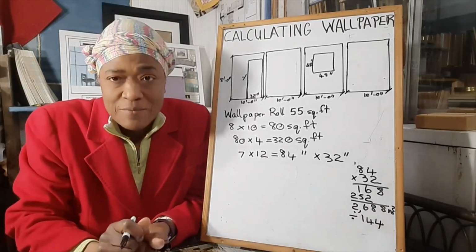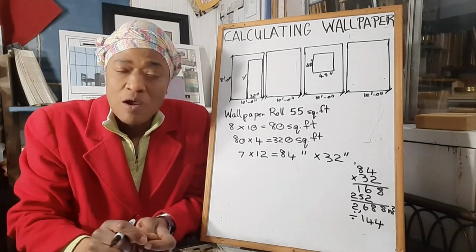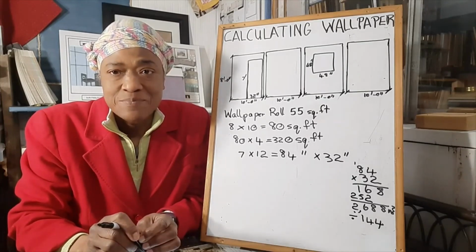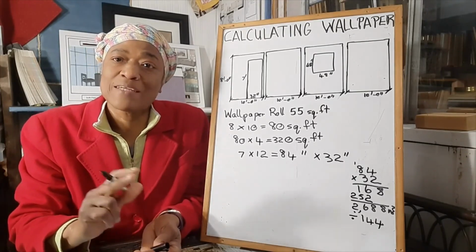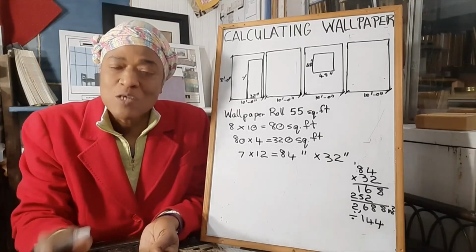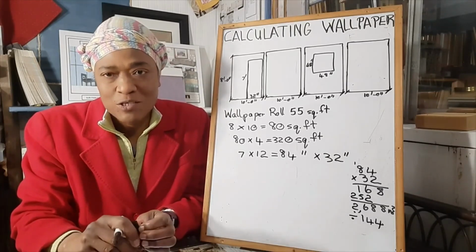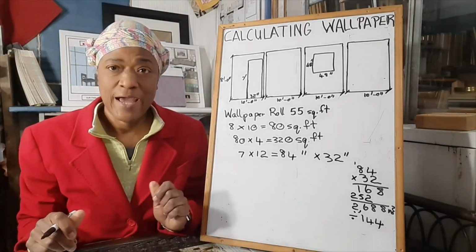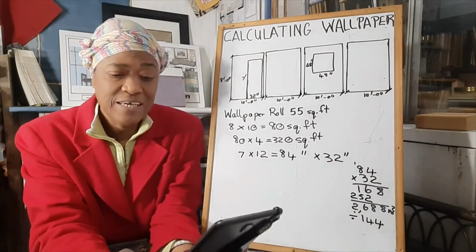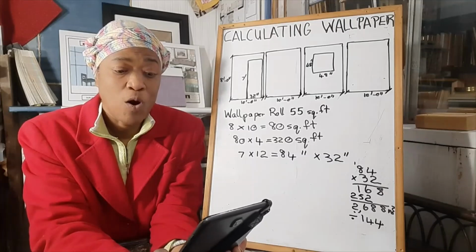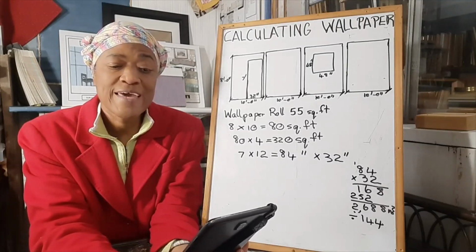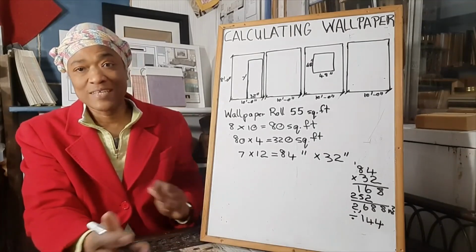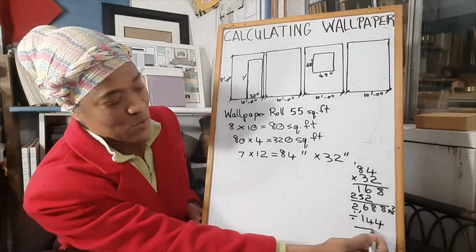And we divide by 144 because in order to get our square feet, we multiply 12 by 12. So 12 12s are 144. 2,688 divided by 144 equals 18.67 square feet.